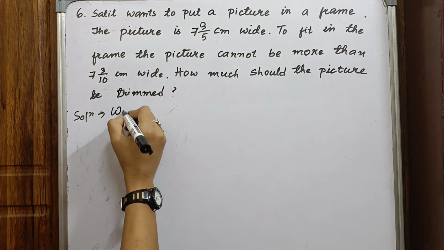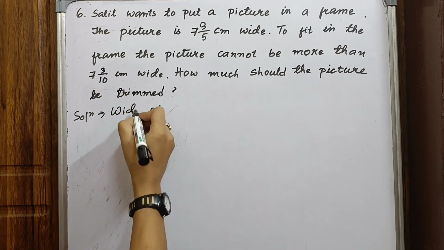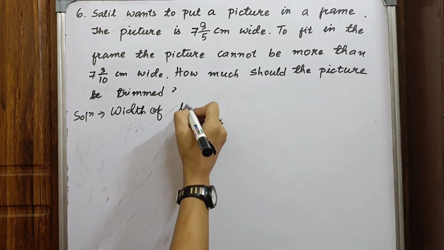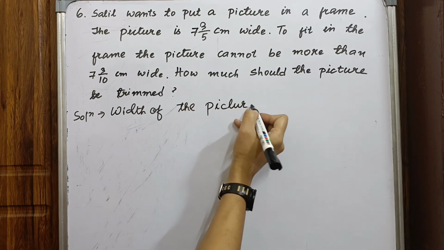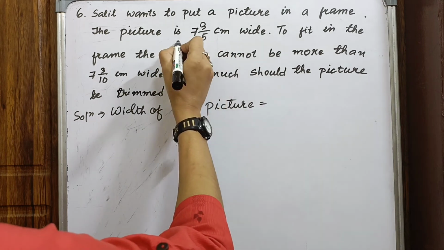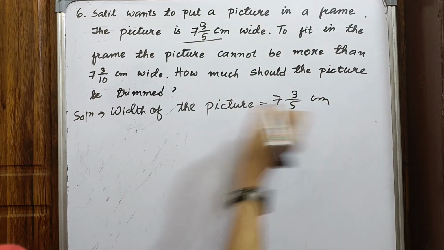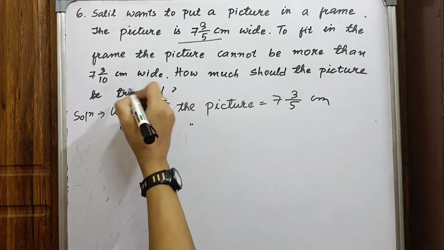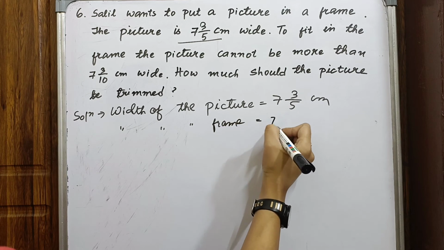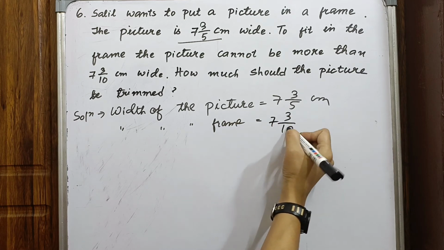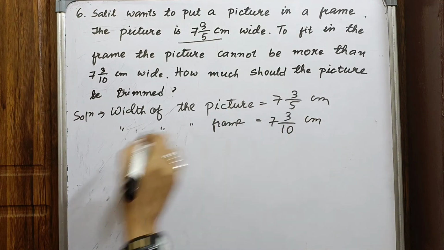So the width of the picture which is bigger than the frame is, see, the picture is 7 by 5 centimeter and the width of the frame is 7 by 10 centimeter, which means the picture is bigger than the frame and has to be trimmed.